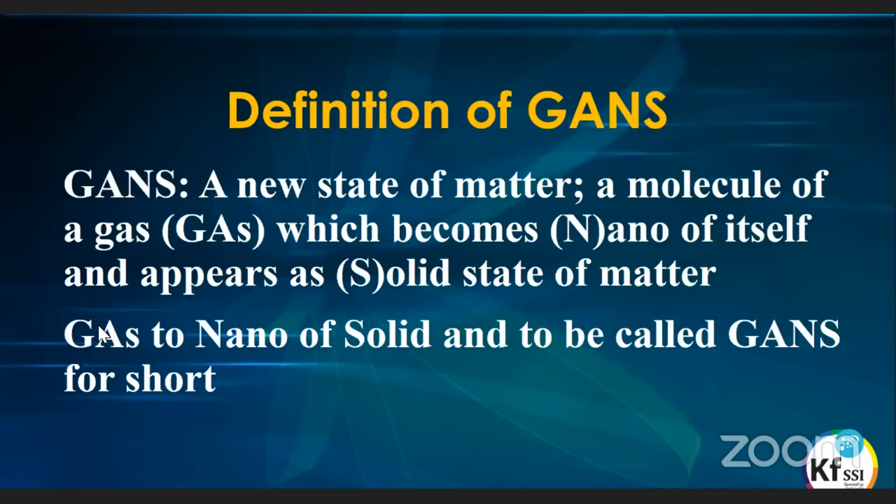But in cases of GANs, the emphasis is on individuality. Let's say, for example, of CO2, you have a carbon and two oxygens. Now, when they are C, O, O, when they are individual, that should be noted here. That's all I had to add. Thank you very much.